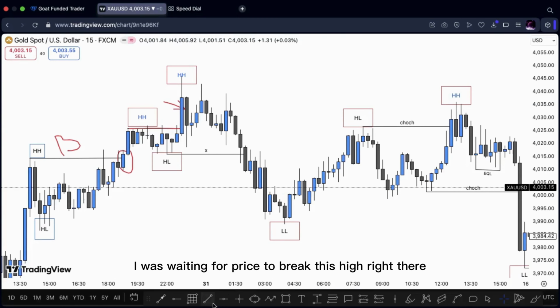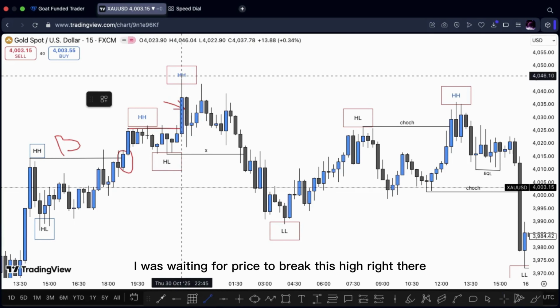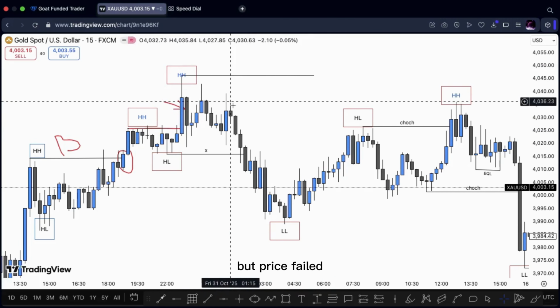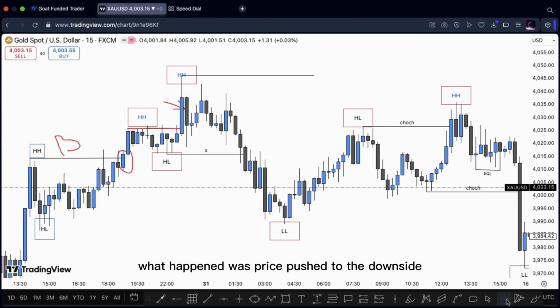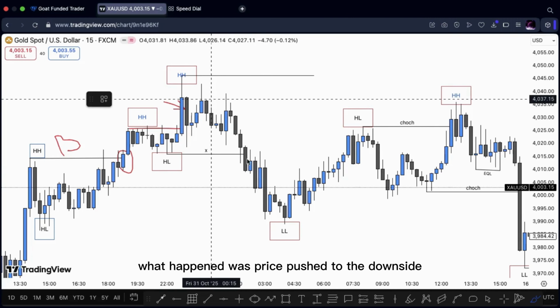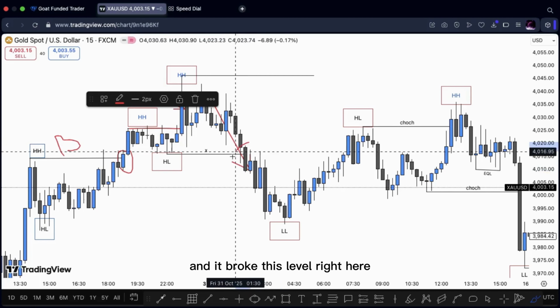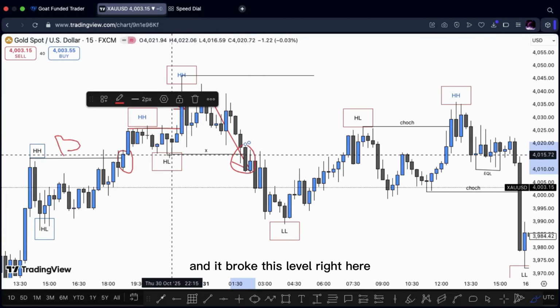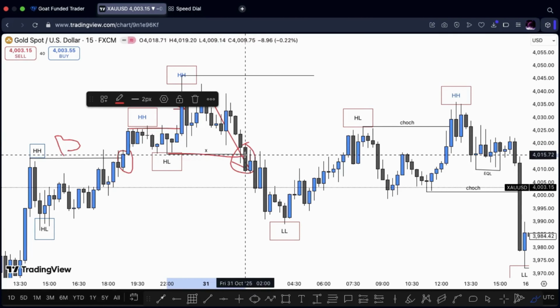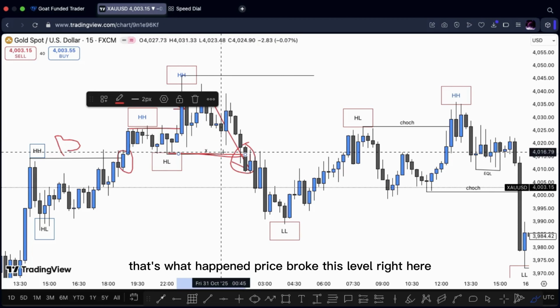So I was waiting for price to break this high right there, but price failed. What happened was price pushed to the downside and it broke this level right here. That's what happened. Price broke this level right here.